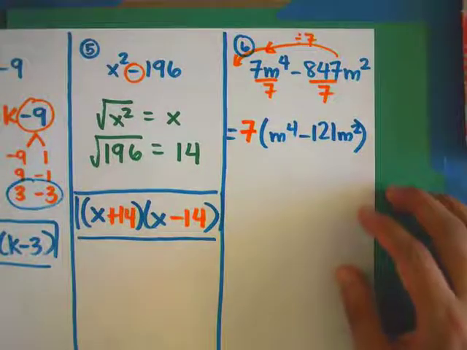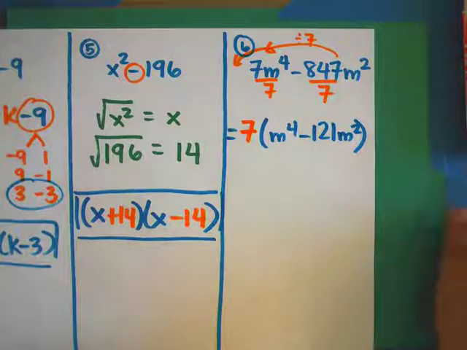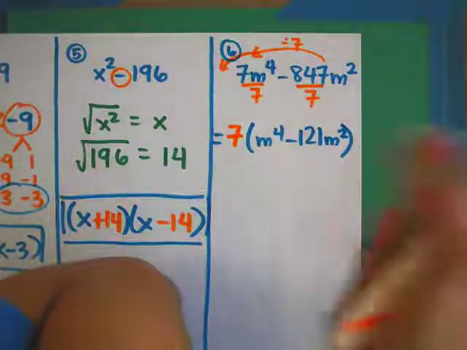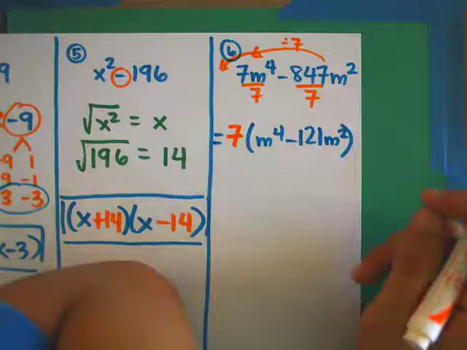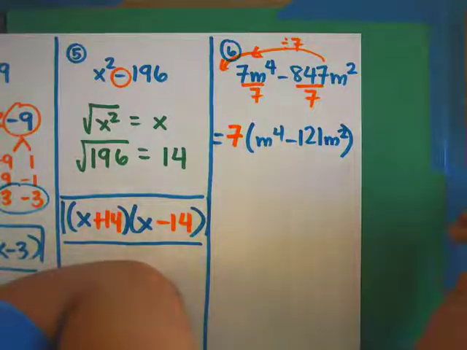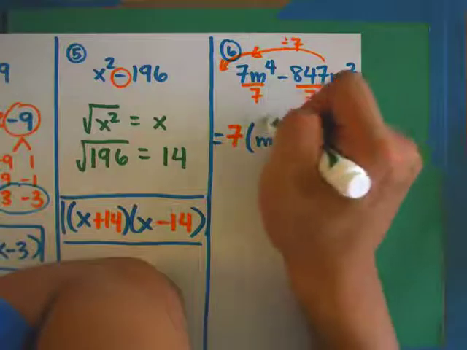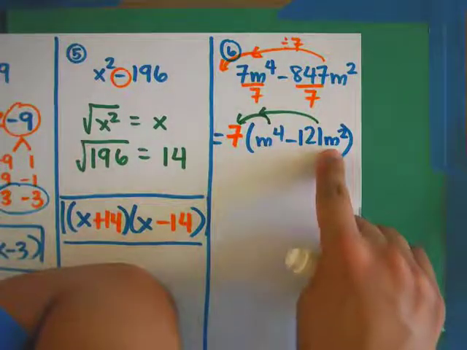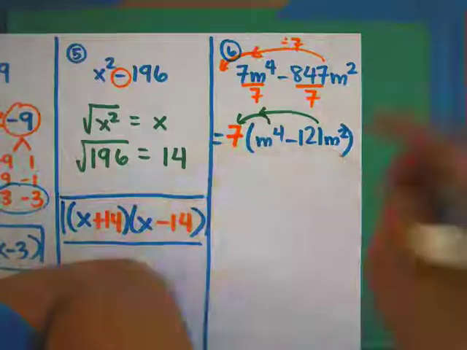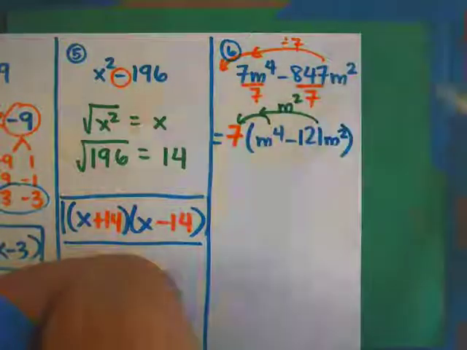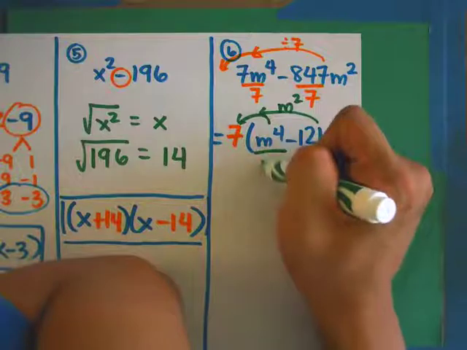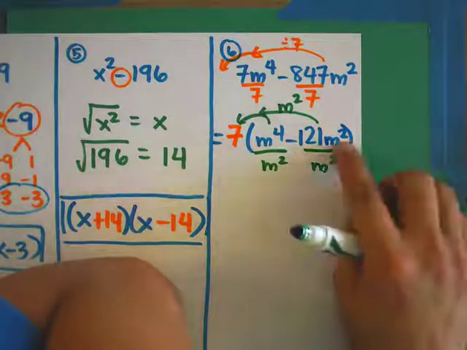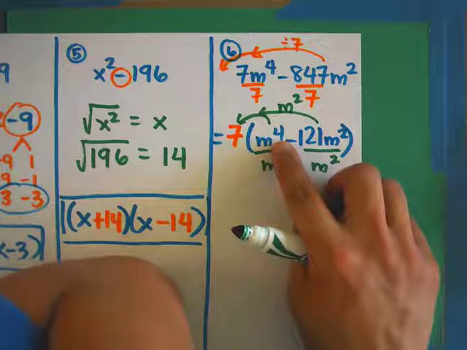I could see a couple ways of doing this, but you know what, this is what I was thinking. Can we also factor out a couple of the variables? And the answer is yes. Okay, so I'm going to show that in green. You have 4 m's over here and you have 2 m's here, so the maximum that we can take out is m squared, 2 m's multiplied together, because this one has 2 m's at least and this has 4.